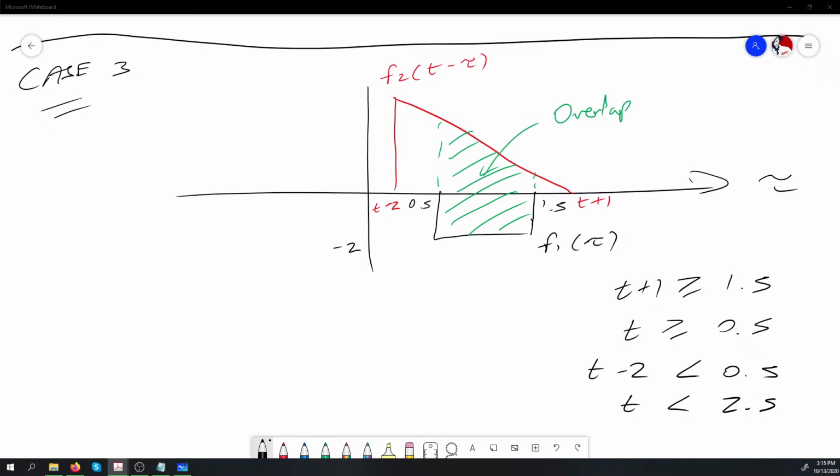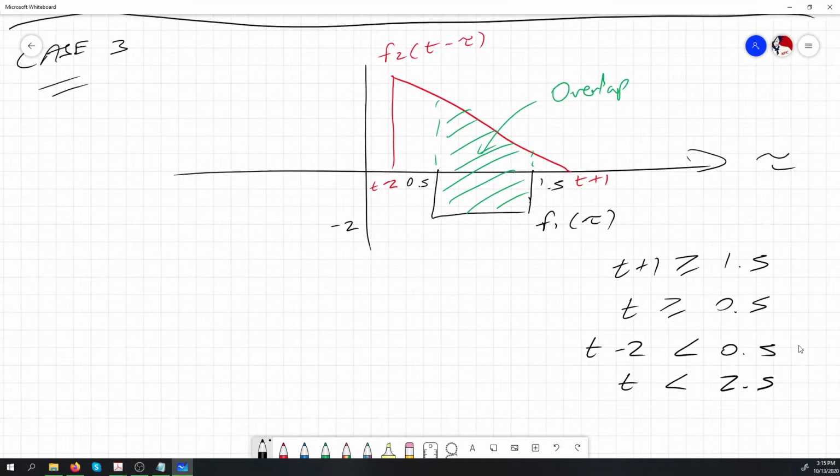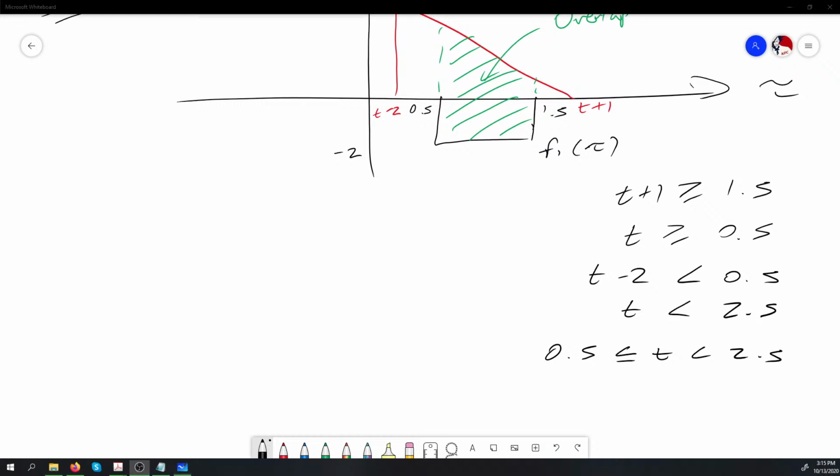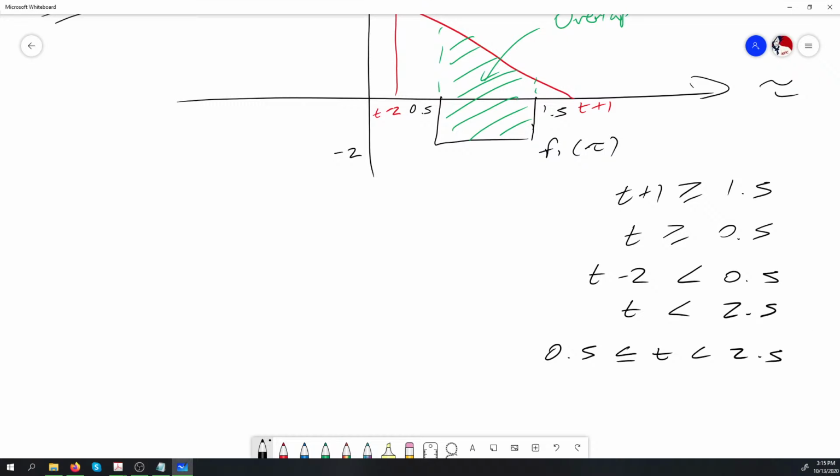One further thing we have to do here is combine our t ranges. So this will be 0.5 less than or equal to t less than 2.5. And then we can perform an integration. So y of t is equal to the integral, and we watch our overlap here.